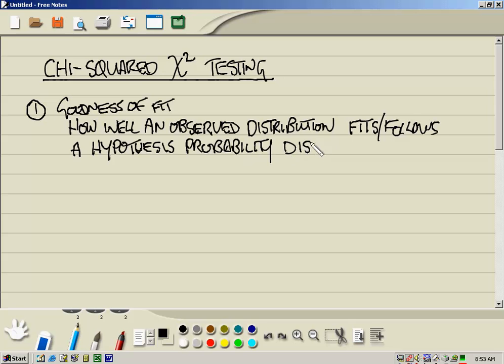The null hypothesis will be, in a sense, that the observed distribution is equal to the given distribution.